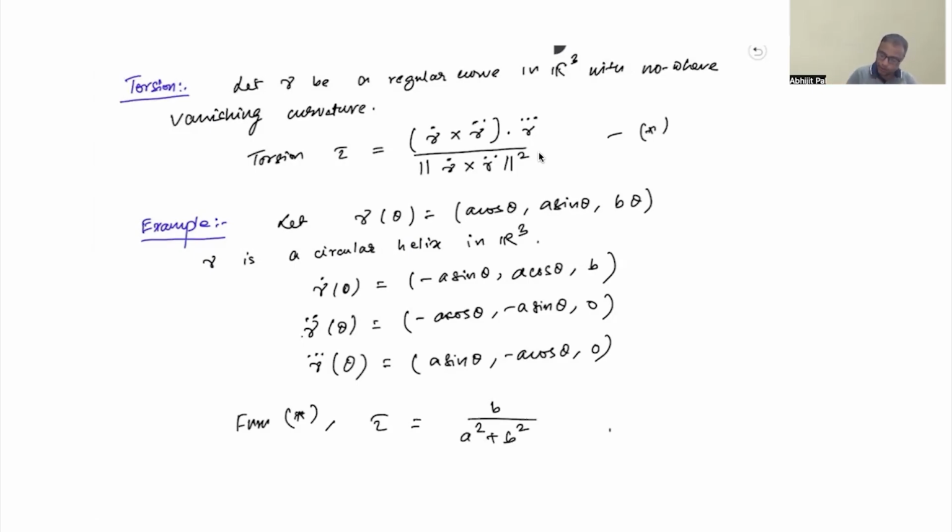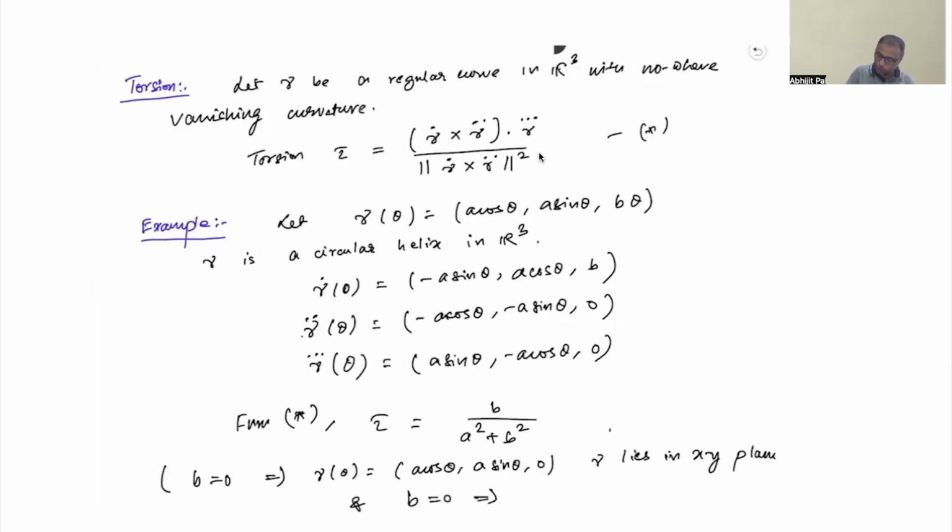Here you can observe that if I take b equal to 0, this implies that gamma theta is a cos theta, a sin theta, 0. So gamma lies in the xy plane. And b equals 0 will also imply that the torsion is equal to 0, and torsion equal to 0 will also imply that b is equal to 0.